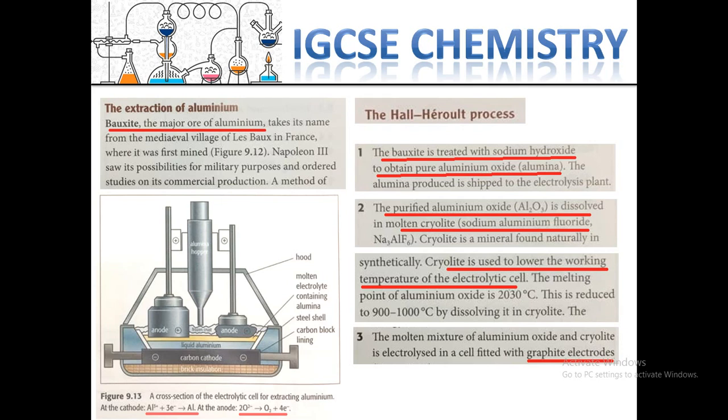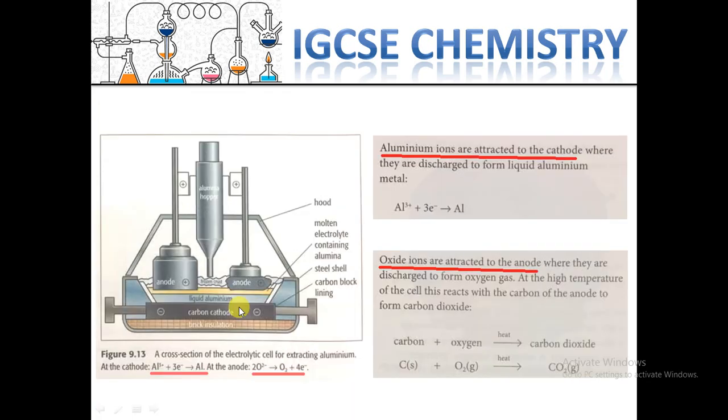The electrodes here are made of graphite. At the bottom of this page there are two important reactions that happen in the electrolysis cell. The next slide shows you more details about these reactions.